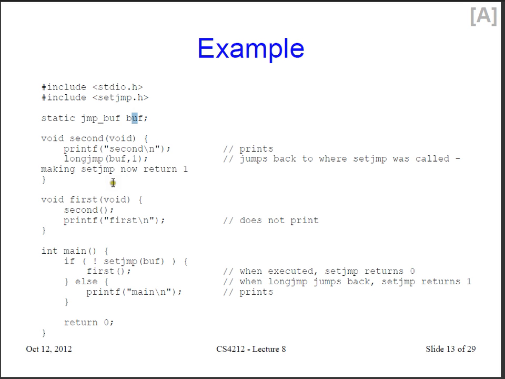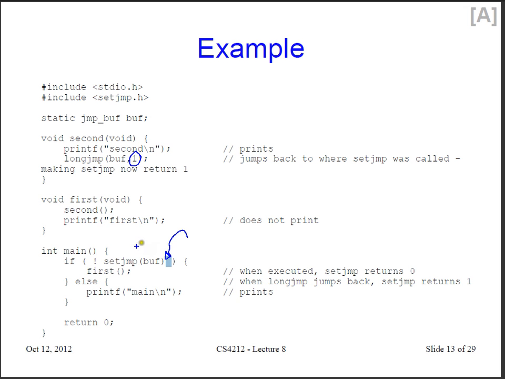So execution jumps right here at the end of setjmp. So you execute longjmp, and suddenly you find yourself as if you have just returned from setjmp. But the return value from setjmp is now 1.